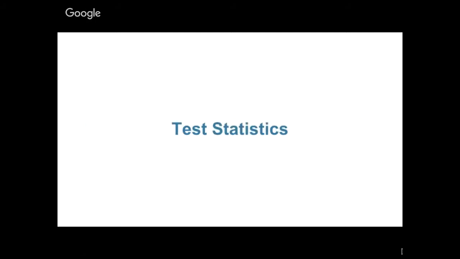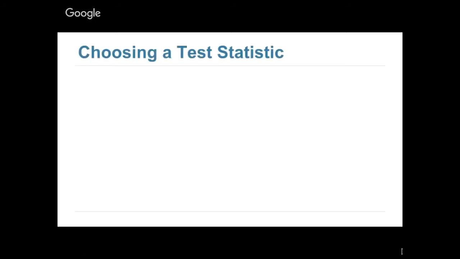So let me make a brief stop here and talk about test statistics, because this is a question that a lot of people have during class or during office hours. When we choose a test statistic, we have a bunch of options, right? For example, yesterday when we talked about the plants, we did some absolute value minus 0.75 thing. And then I asked you what happens if I remove the absolute value?